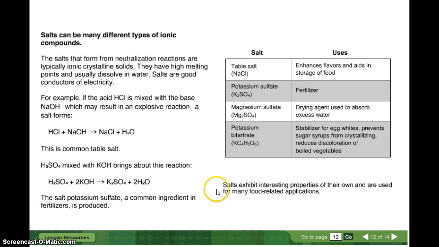Salts exhibit interesting properties of their own and are used for many food-related applications. So we have table salt, NaCl, enhances flavors and aids in storage of food. Potassium sulfate is for fertilizer. Magnesium sulfate is a drying agent used to absorb excess water. Potassium bitartrate is a stabilizer for egg whites, prevents sugar syrups from crystallizing, and reduces discoloration of boiled vegetables.